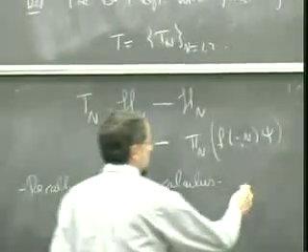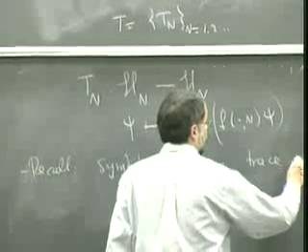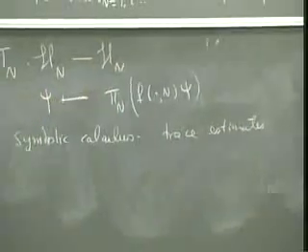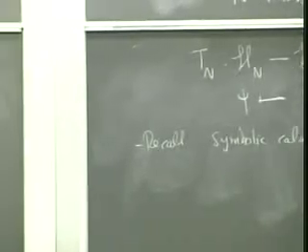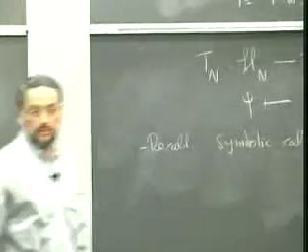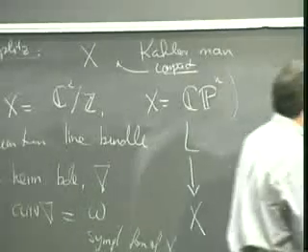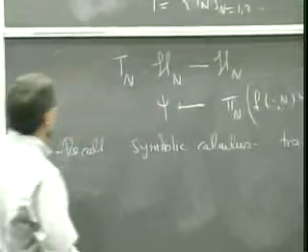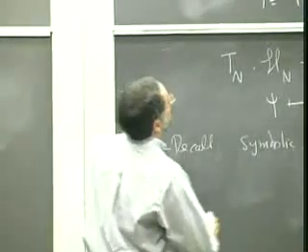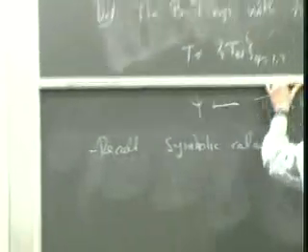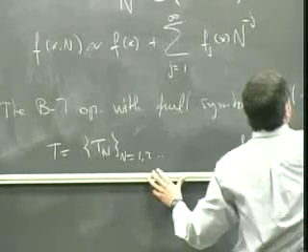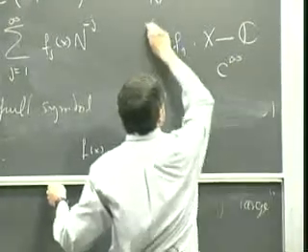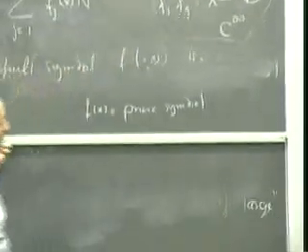There is symbolic calculus, and there are trace estimates. I won't have time to recall these things. I think many of you know them. So these are the operators that we will be working with, and in particular the f here. I didn't say this, but f and fj are smooth, complex valued functions on the manifold.